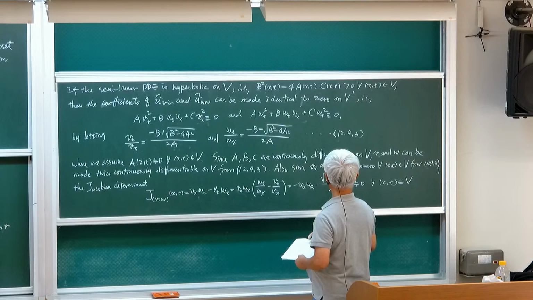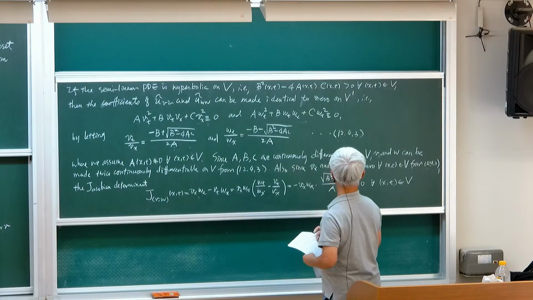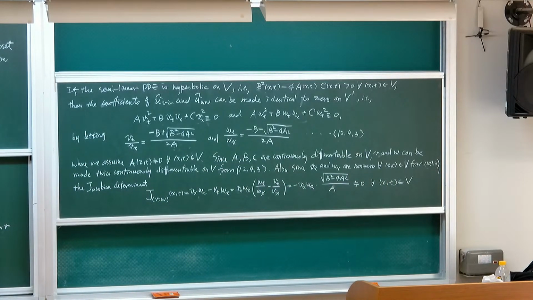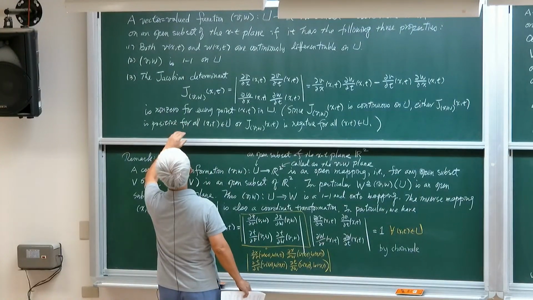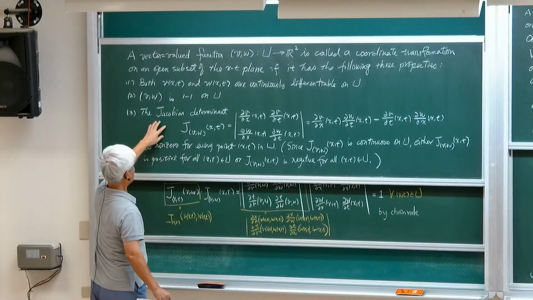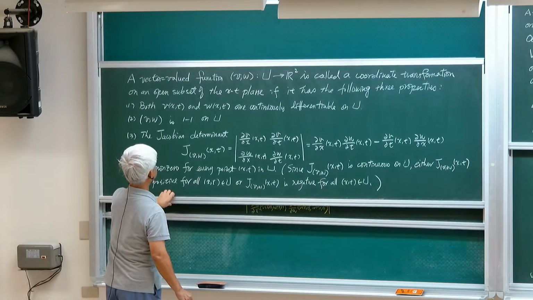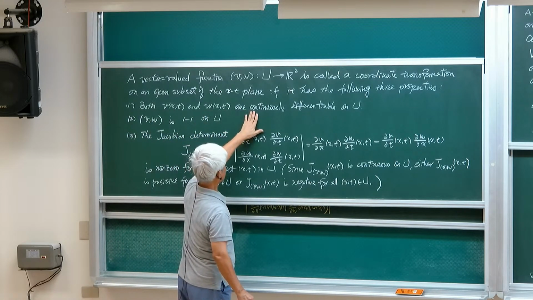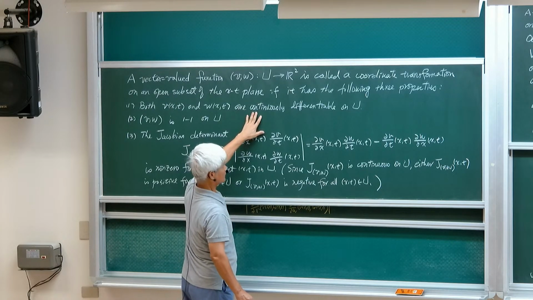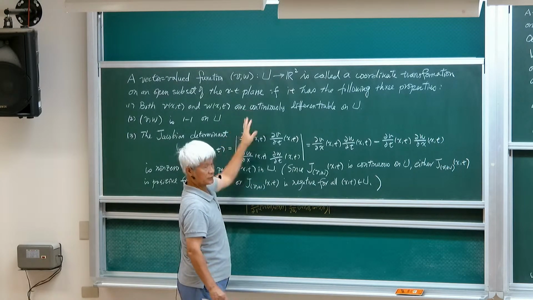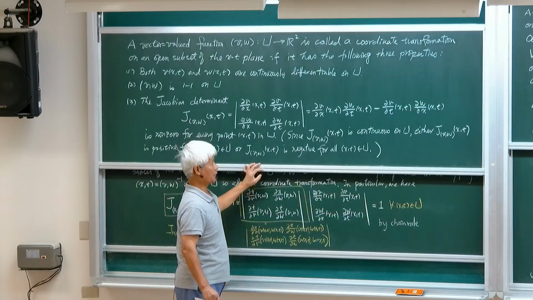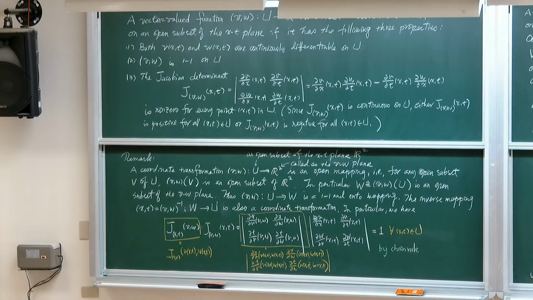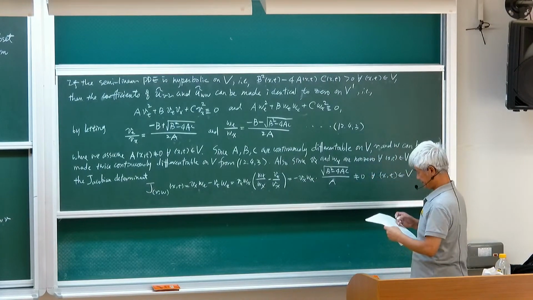Okay, and the mapping, so the coordinate transformation we have. The Jacobian determinant is non-zero, and the V and the W here are not only continuously differentiable, but also twice continuously differentiable. So it's much stronger. So we have made V and W twice continuously differentiable.